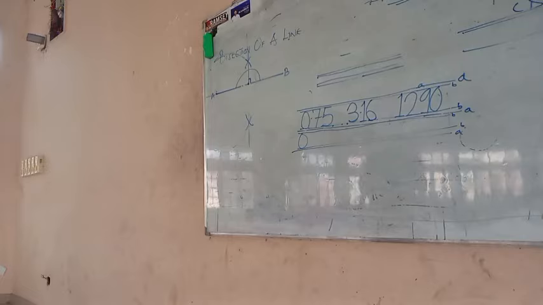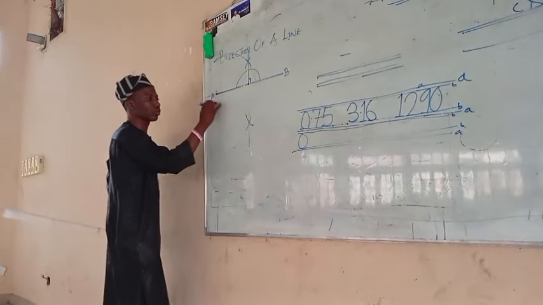So now, on that line CD that you just did, I want to do another line, AZ, of length 10 centimeters. So now, draw a line.